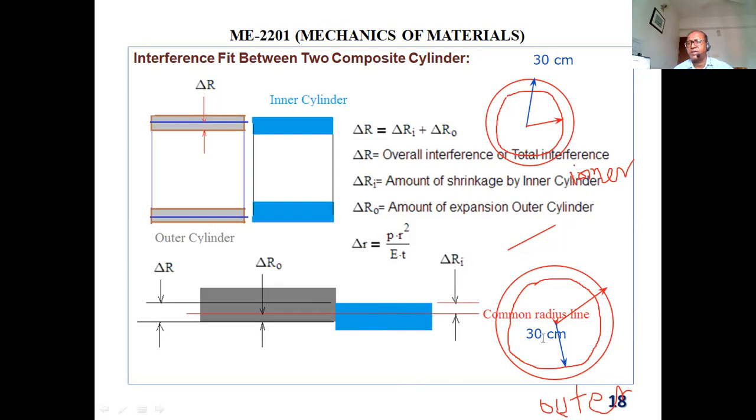Then you can pressurize. But what is the problem here? Both have a common diameter, right?